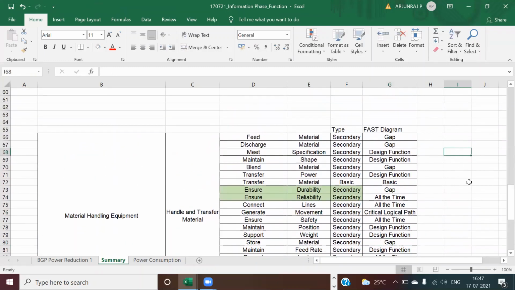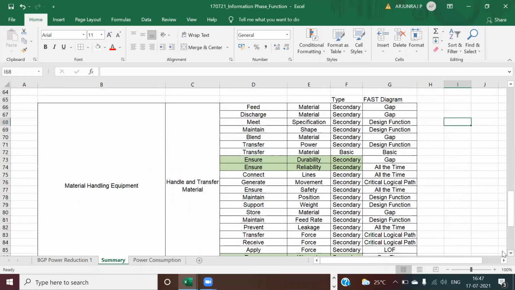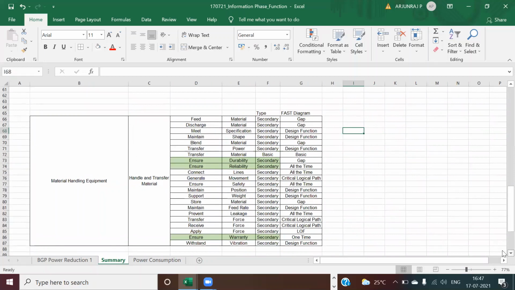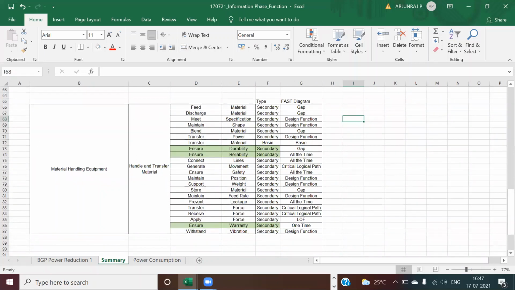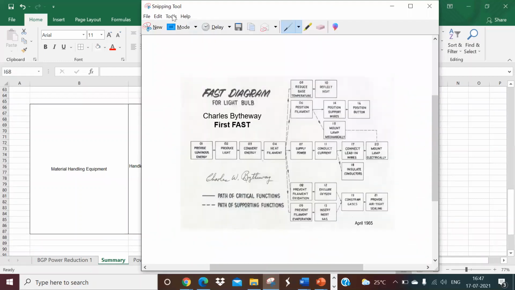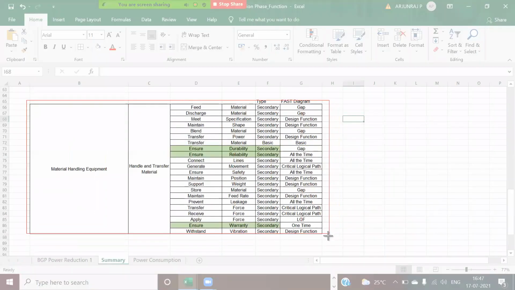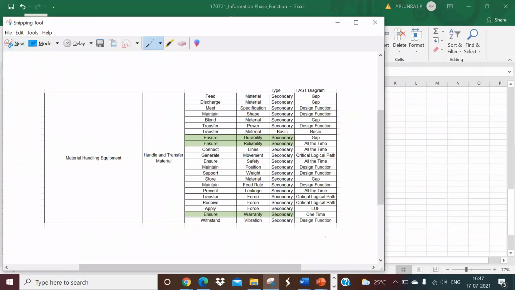Okay, so now what I'm going to do is create your FAST diagram. This is the functions. So I'll be taking all these functions for my FAST diagram.